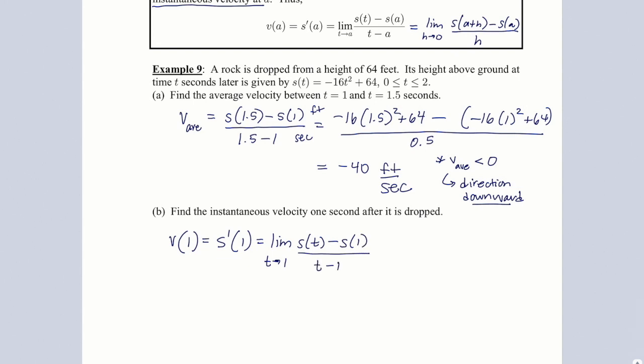So we'll use the first formula there. And so we have the limit as t goes to 1. S of t is negative 16t squared plus 64. And s of 1 is negative 16 plus 64, so 48.